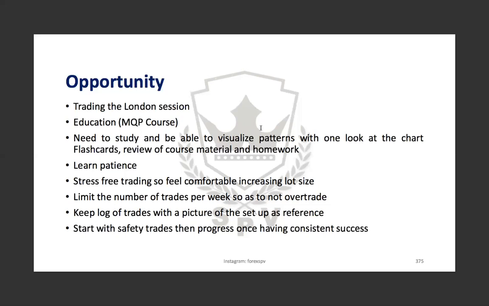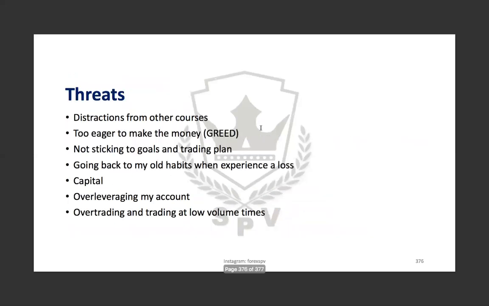You have the opportunity to study and be able to visualize patterns with one look at the chart. So you have an opportunity to review the course materials. You have an opportunity to do homeworks, to mark flashcards. You have the opportunity to learn patience. So you need to plot down the opportunities that you have and the threats.